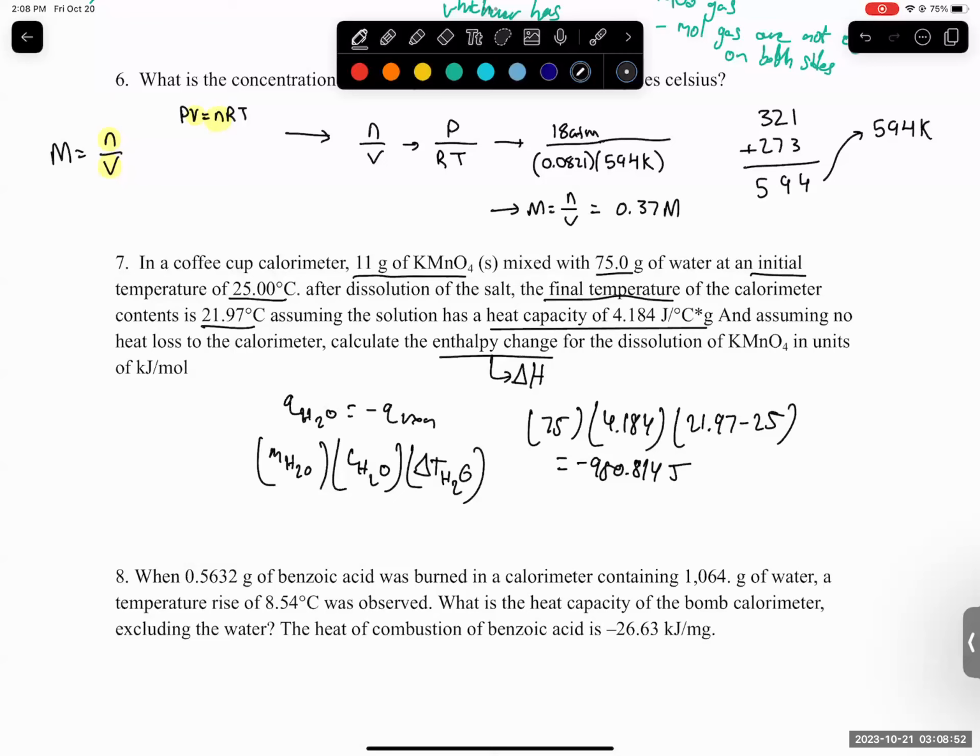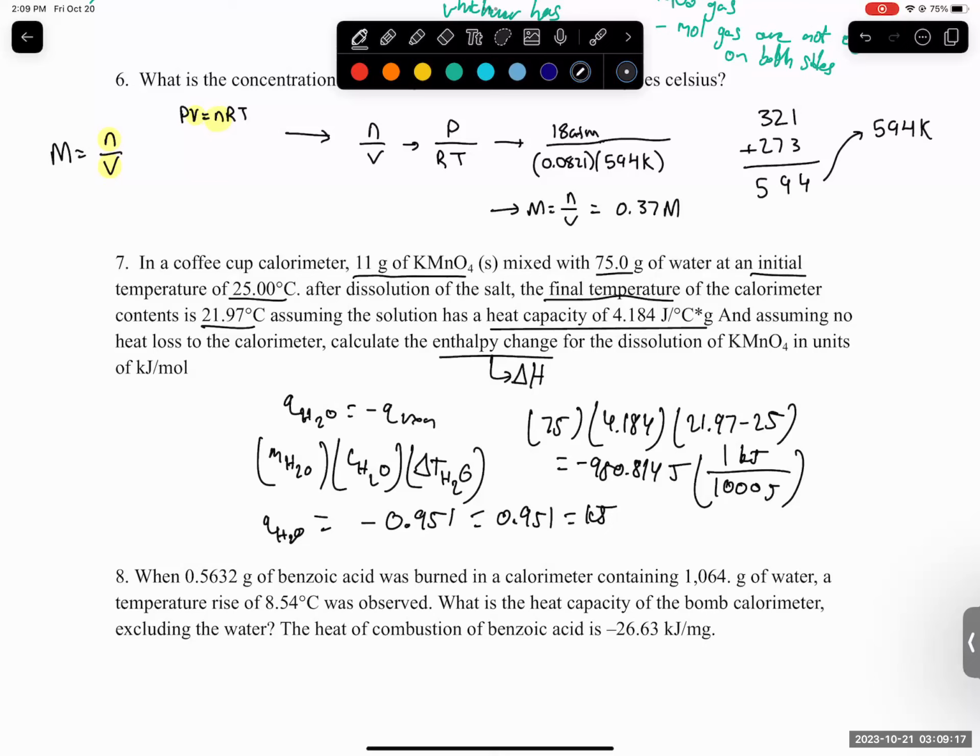I usually do it later, but we can do it now, it doesn't matter. So 1,000 joules to 1 kilojoule. So we get negative 0.951 kilojoules. So this is Q of water. The Q of the reaction would have an opposite sign, so this would be positive 0.951 kilojoules.